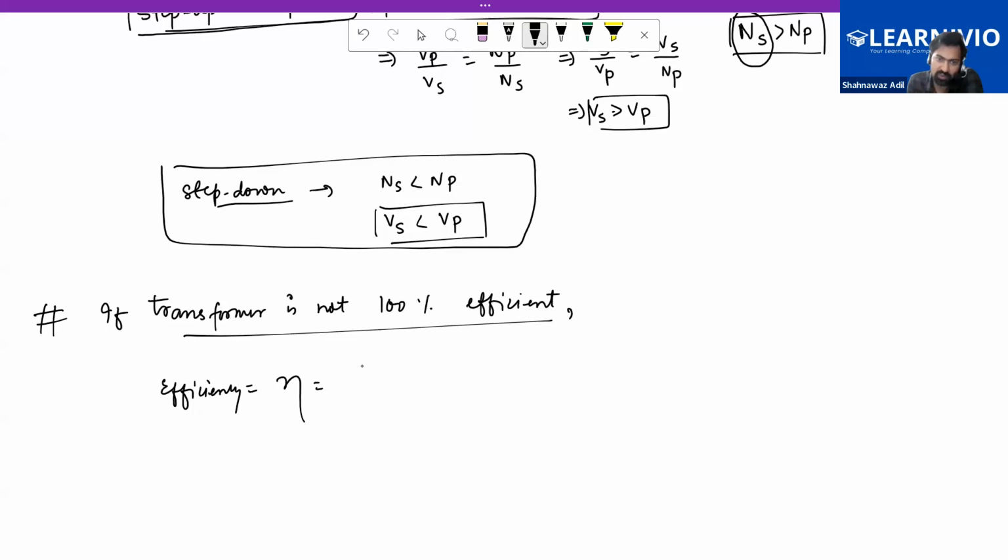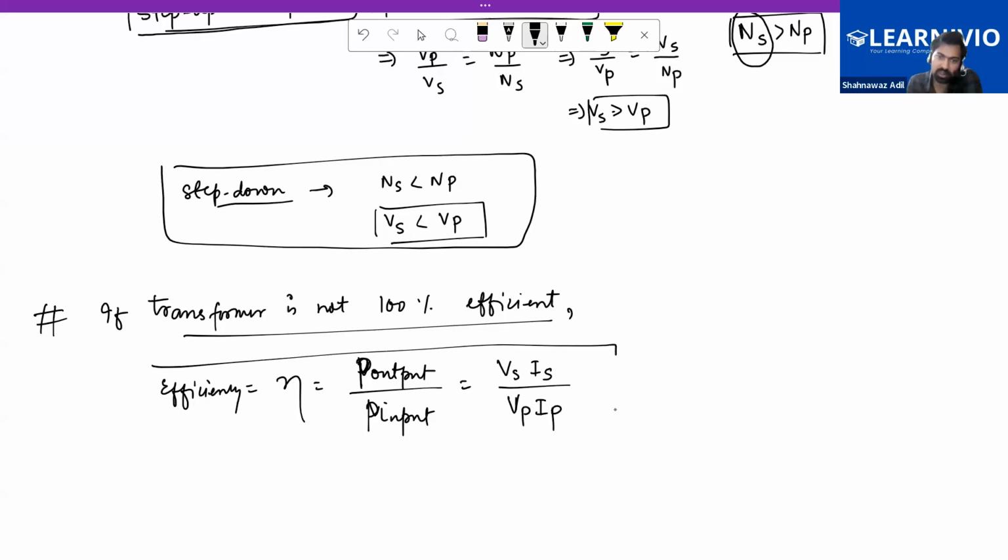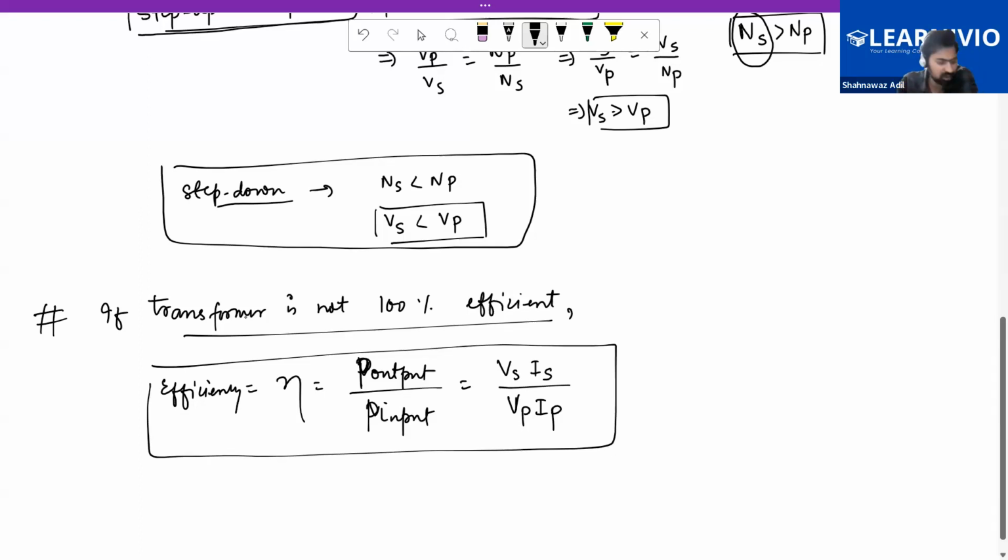This is power output divided by power input. So this is Vs Is, and then this is Vp Ip. So these are all about the transformers.